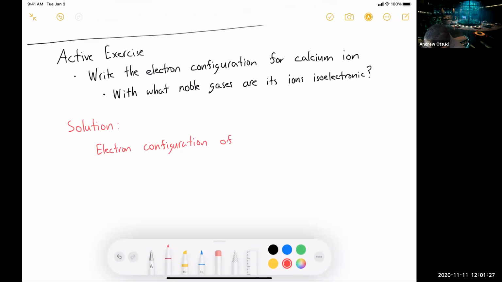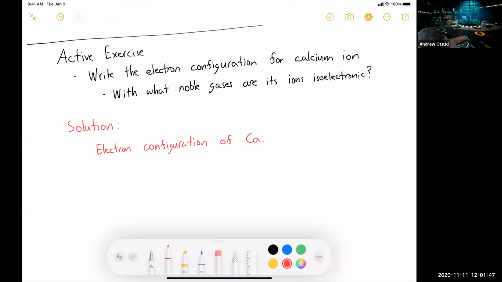of calcium. So let's first start with calcium. What is its electron configuration? So remember, it's in the fourth row. So calcium's in the fourth period. So we list all the way up to the 4s sublevel.